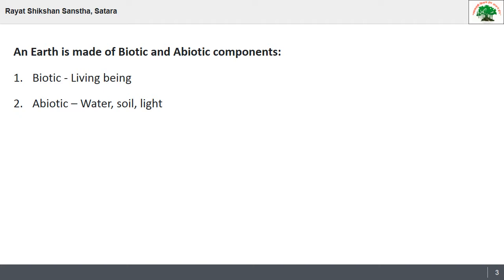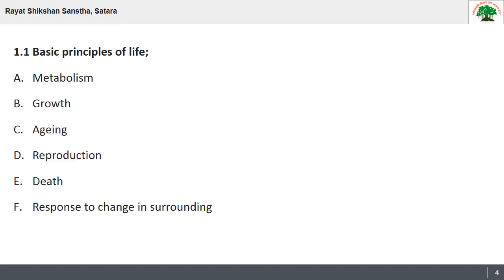Living things can move, non-living things cannot move. Living things grow with time, non-living things do not grow. Already we know these basic differences between living and non-living. As we know, biology is the natural science that involves the study of life and living organisms. So let's find out more about the basic living world.